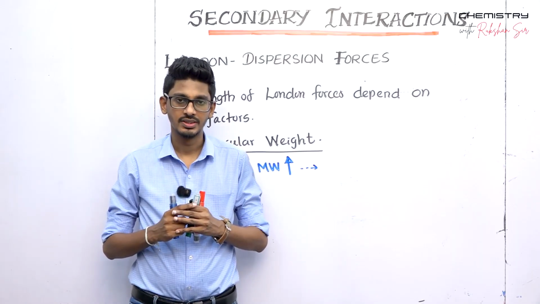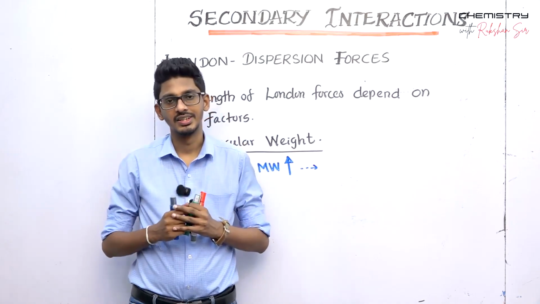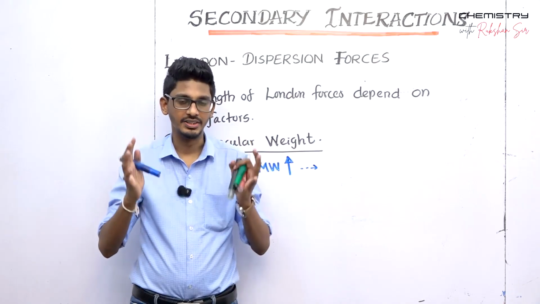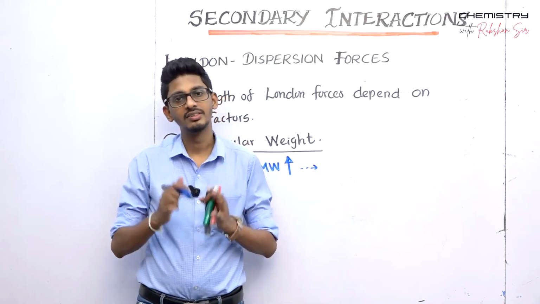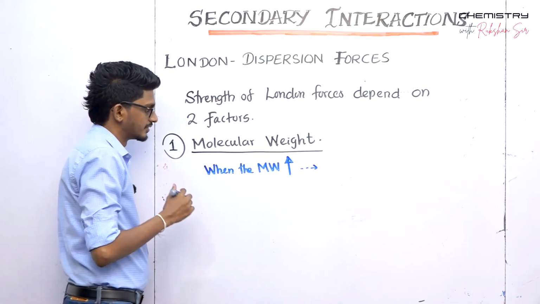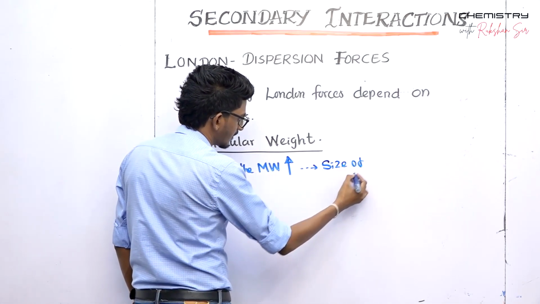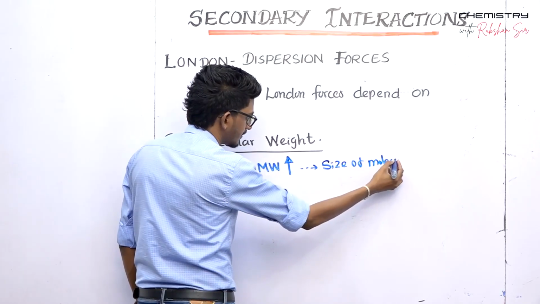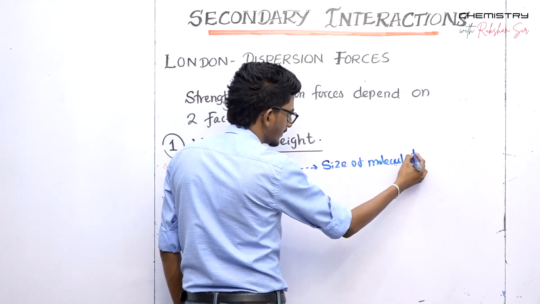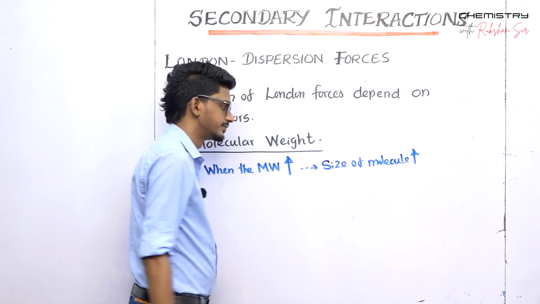That means you have more electronic shells in your molecules. That makes your molecule a larger one. When the molecular weight is high, the size of the molecule becomes high.